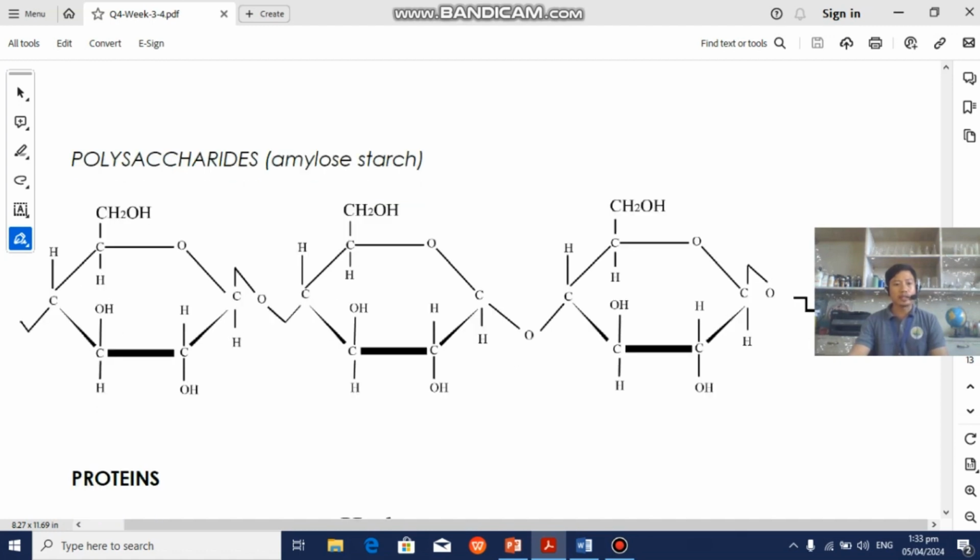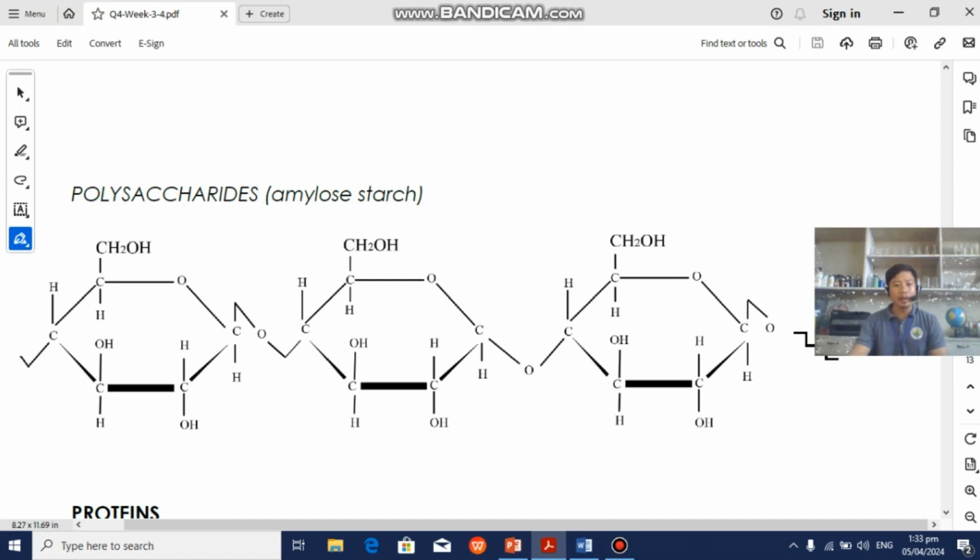Next, we will go to the polysaccharides. In polysaccharides, still, we have the same elements present in each molecule, but they differ in their structural formula. Because polysaccharides are composed of many molecules of sugar. That is why it is called poly, meaning many, and saccharides, sugar, meaning many molecules of sugar. That is beyond 10 molecules of sugar.